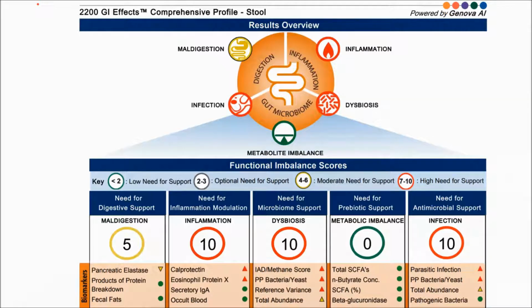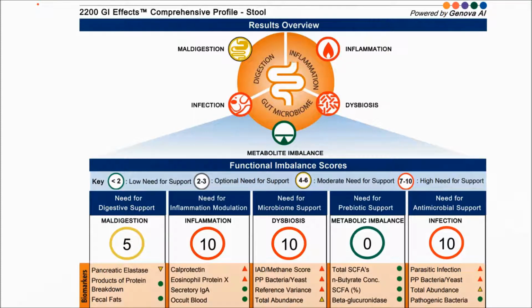running your microbiome. So folks, the point here of going over this for you is for you to see that to do a comprehensive stool analysis in the functional medicine realm is going to give an enormous amount of functional information about how your gut works from top to bottom, from digestion to whether there's inflammation, to your microbiome, to the metabolite imbalance and the metabolic function, and whether there's infection.